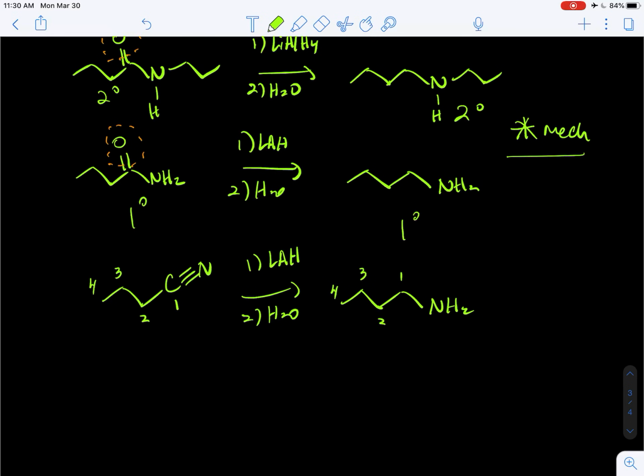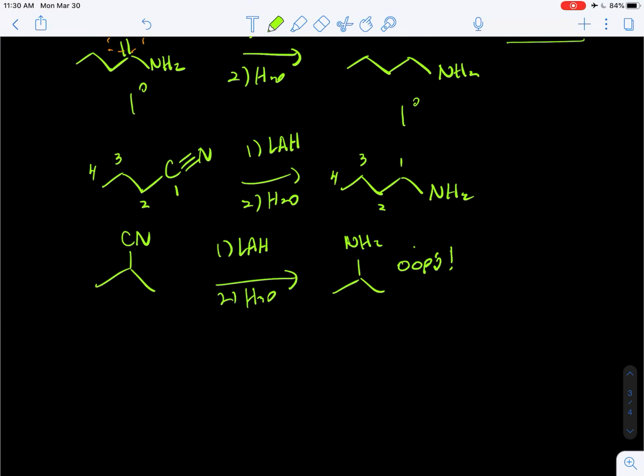So if you see something written like this, and you treat this with lithium aluminum hydride, don't just write this, because this is a molecule that has 1 less carbon. Don't draw that. Draw this guy here.